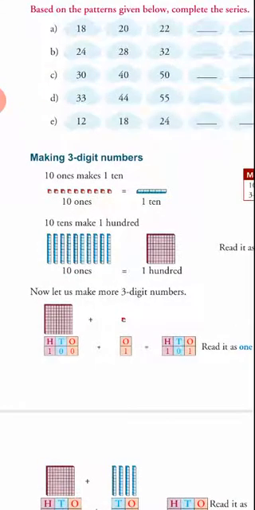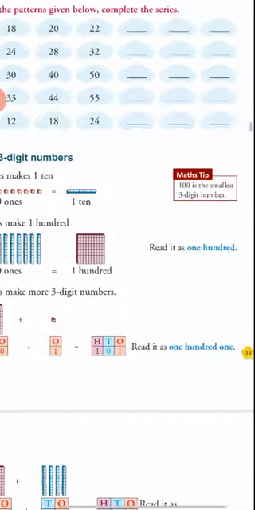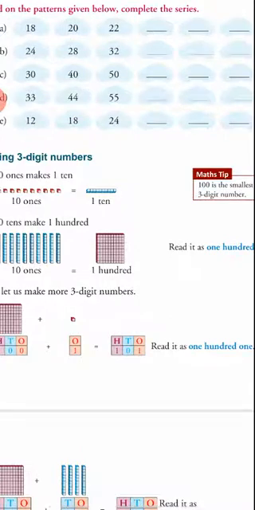Then in C part we have 30, 40 and 50. Now you can see this is skip count by 10. So what we will do is we will just complete these blanks by 10. Now 30, 40, 50, then we will have 60, 70 and 80.